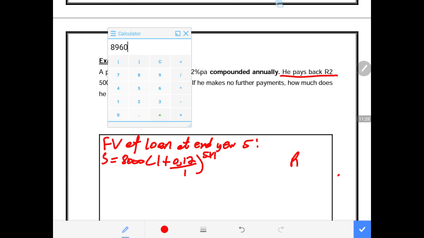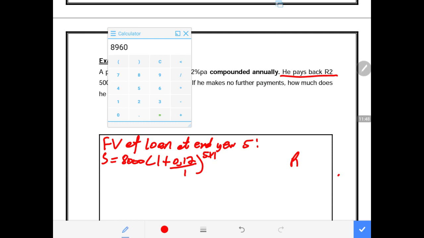Then I need to use my normal ordinary calculator for the calculations. Now it means our future value will be 8,000 times 1 plus 0.12 to the power of 5.